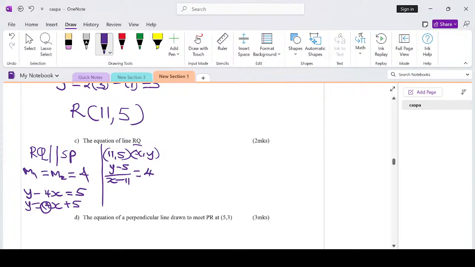That should be equal to the gradient, learners, which is 4.